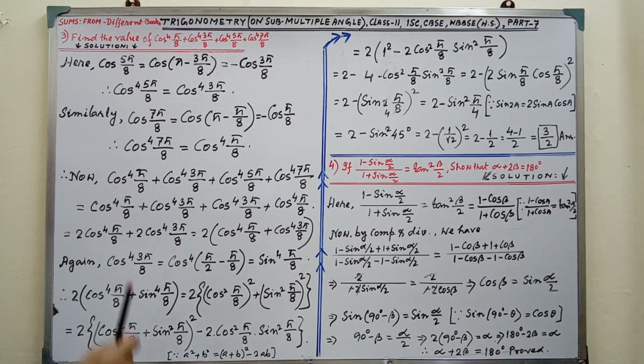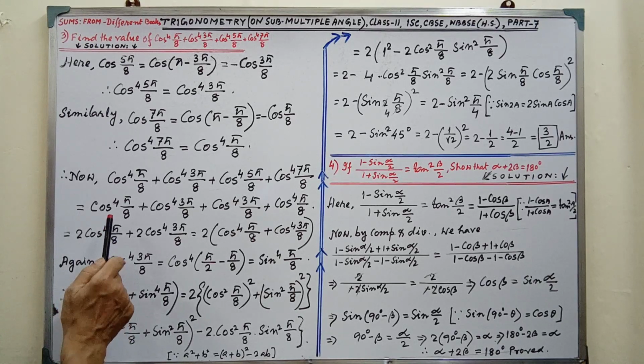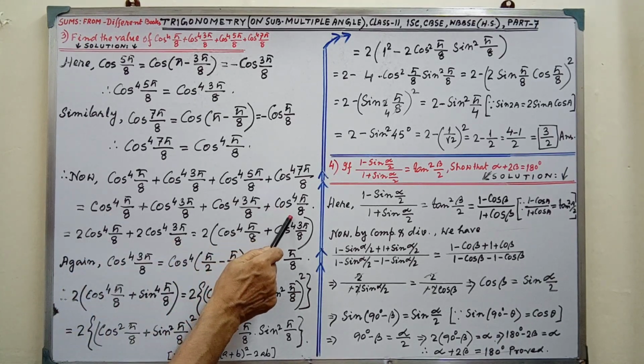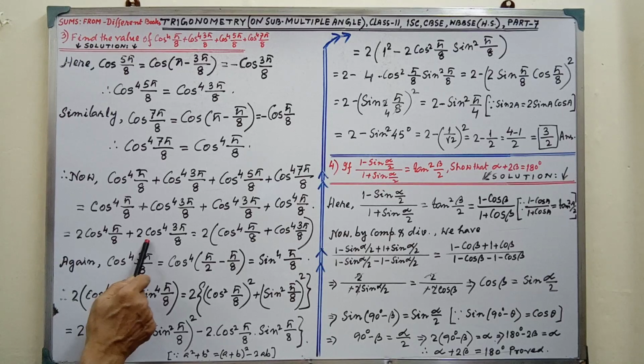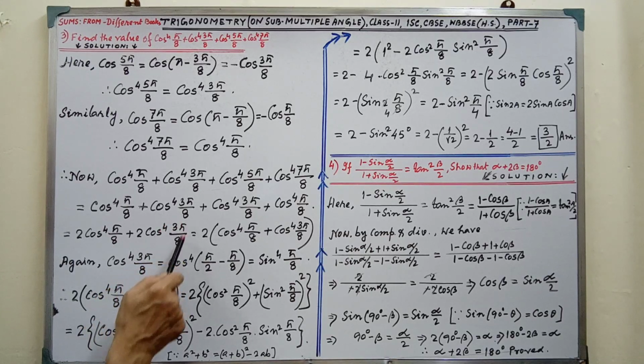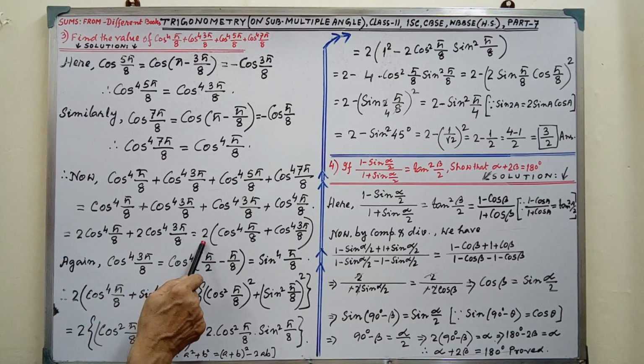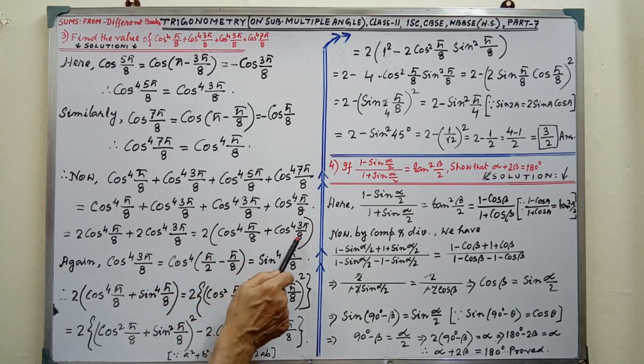Now if you observe, then easily you will understand there are two, this angle and this angle. This is why 2 cos to the power 4 pi by 8 plus 2 cos to the power 4 3 pi by 8. Then 2 will be the common. After taking common we are getting this.